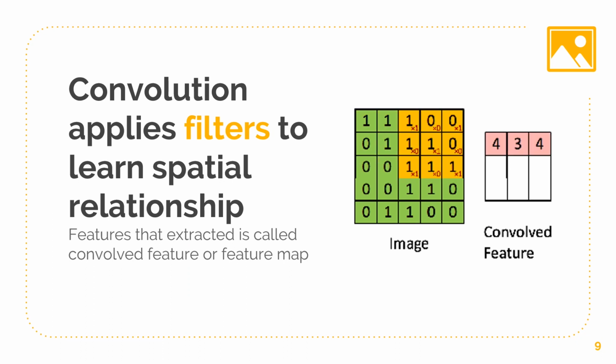The word convolution means applying filters to the image. In the diagram, the orange 3 times 3 is the filter applied on the green image of 5 times 5 pixels. The feature extracted is called a convolved feature or feature map.